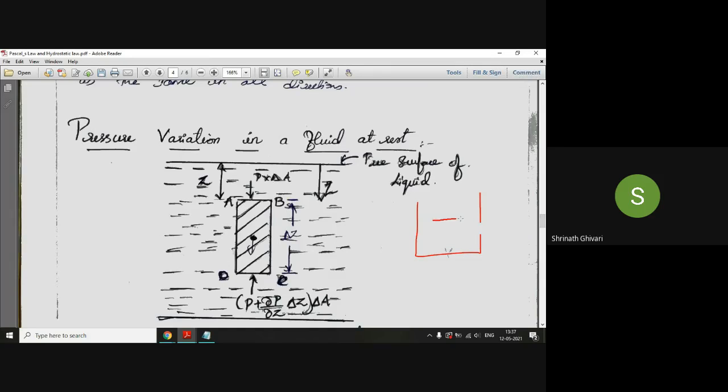If this is the layer of the fluid, as you go into the depth the pressure will be more. At the surface the pressure will be less. So by using this hydrostatic law we can determine the pressure at any height in a liquid.